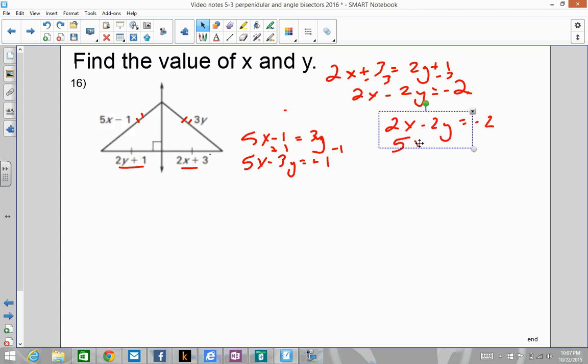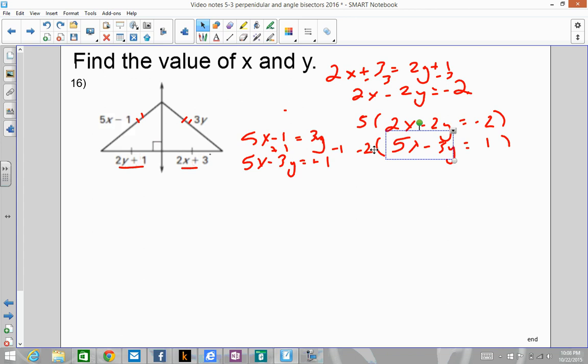When we line these up, I want to get one of the variables to cancel. I'm going to go with the x's. They're in the front. That's just what I'm going to pick. So I'm going to take these 2 equations. I want them to both have 10, but I want one to be a positive 10, one to be a negative 10. So I'm going to do a 5 here, and I'm going to do a negative 2 here.